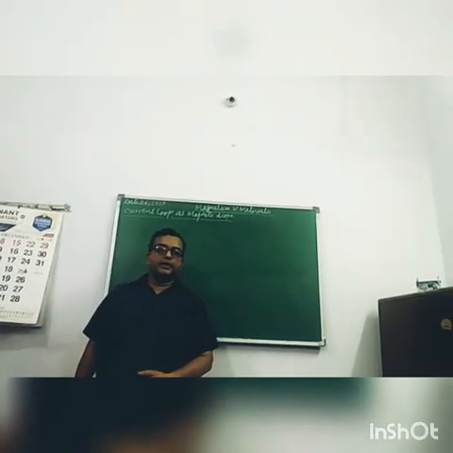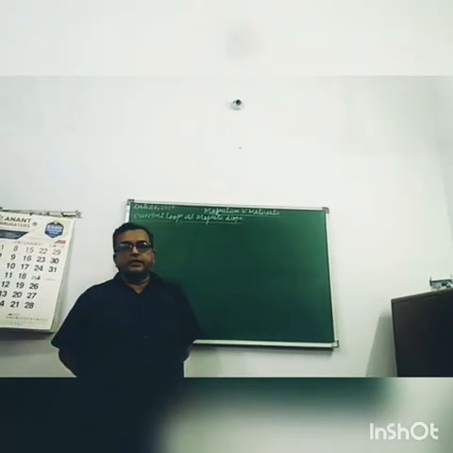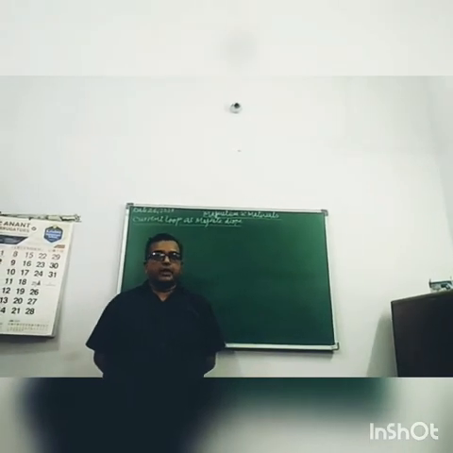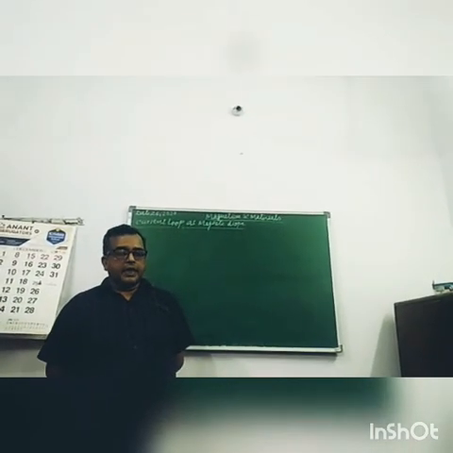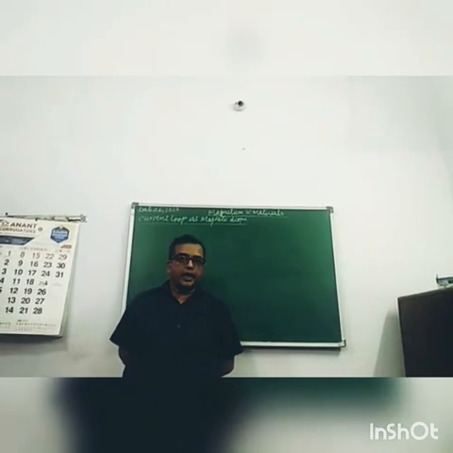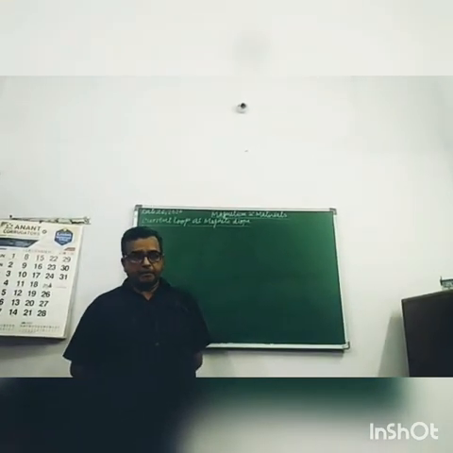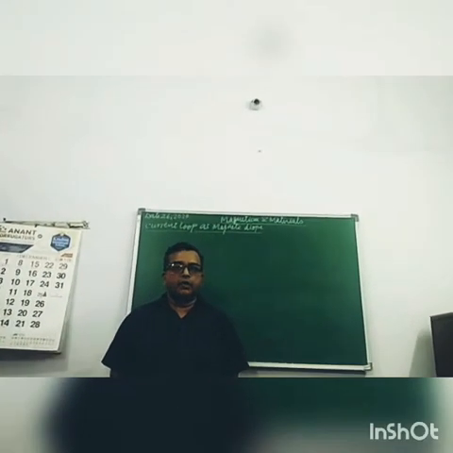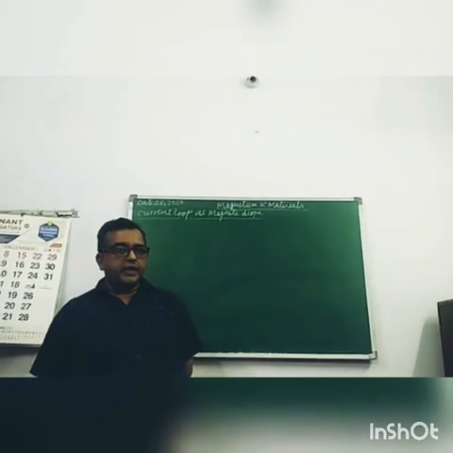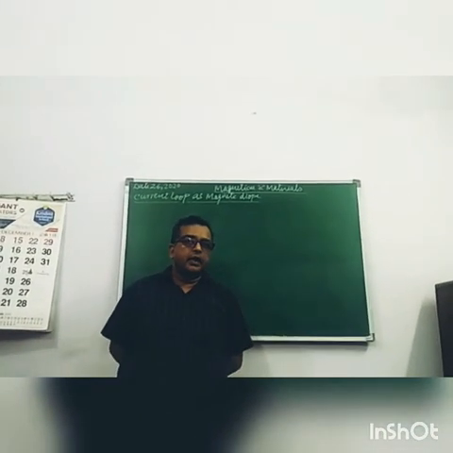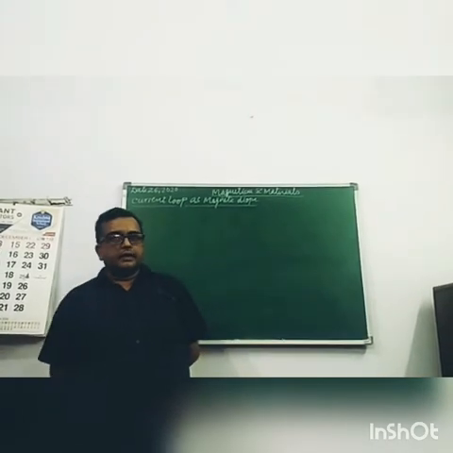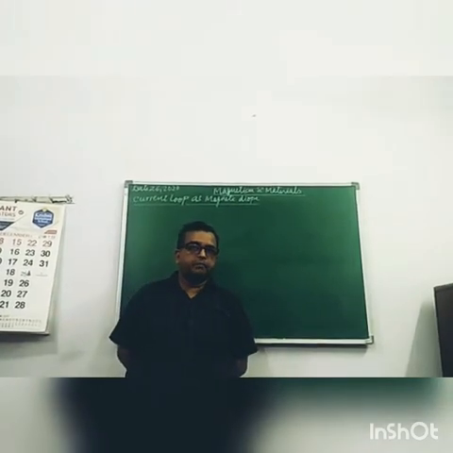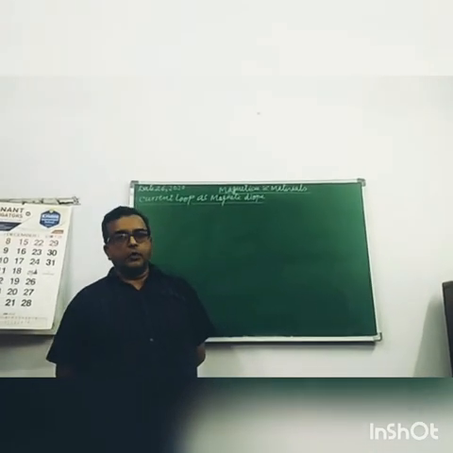Yes, students, as we have done in the previous chapter, the torque on a current loop is tau equal to NIAB sin theta, or IAB sin theta, where I is the current in the loop, B is the magnetic field in which it is placed, theta is the angle it makes with the magnetic field, and A is the area of the loop.